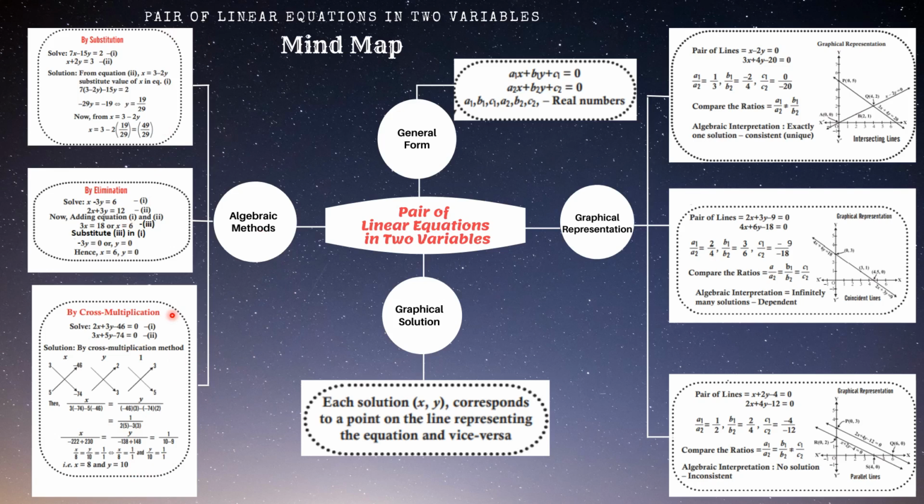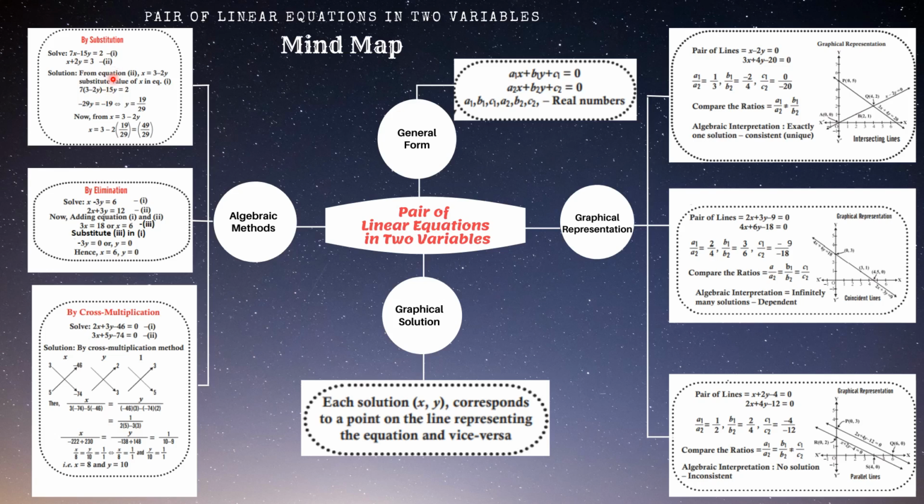For the reduced syllabus this time, cross multiplication is not there, but otherwise there are three methods in which you can find out the values of x and y. First one is substitution, second is elimination, and the third is cross multiplication, which is not there.